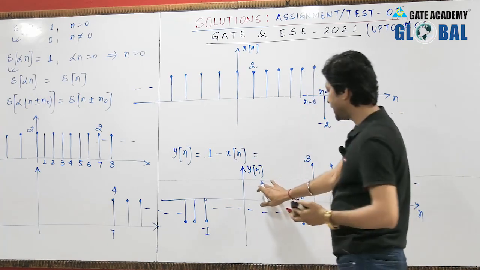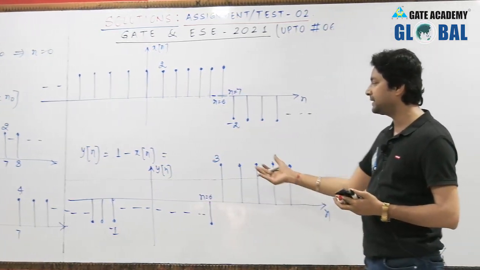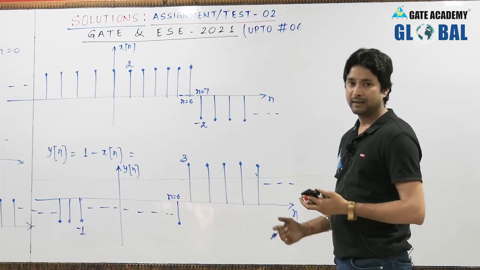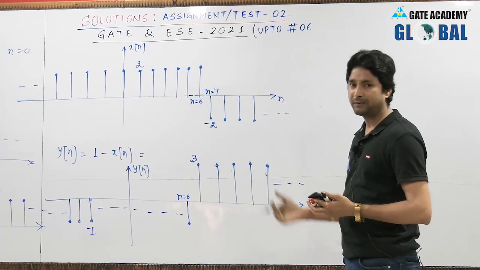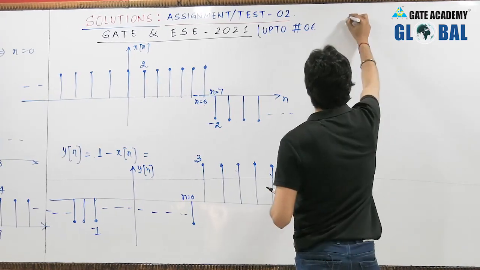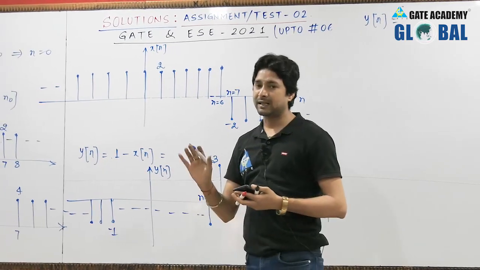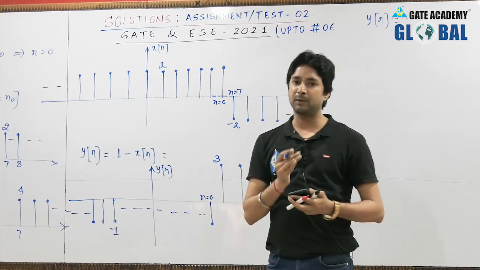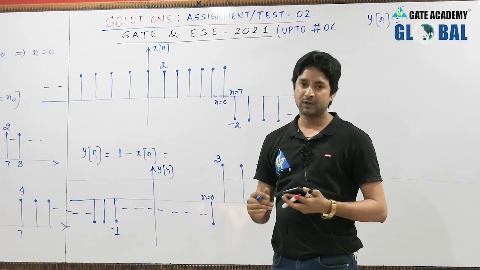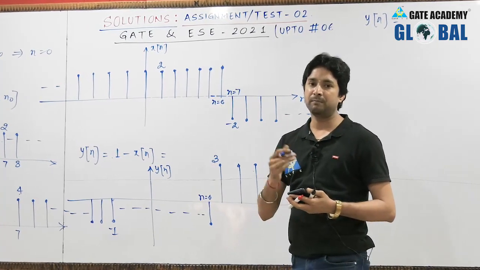Now if you have to express this signal y of n in terms of step sequences, what will be your expression? For y of n, consider a step function that exists from minus infinity to 6. The expression is u of minus n plus 6.